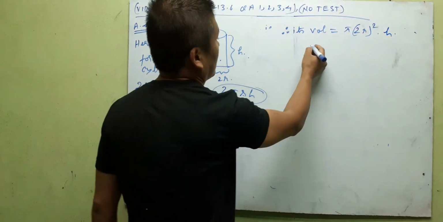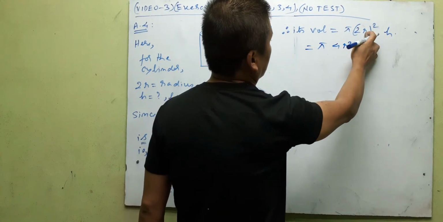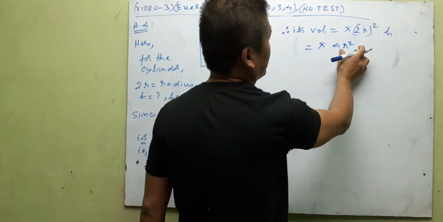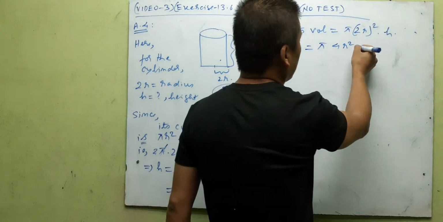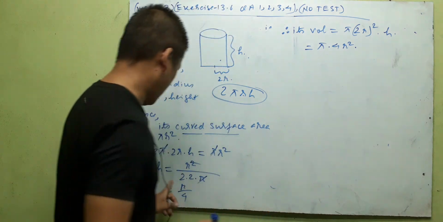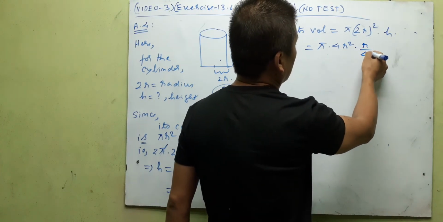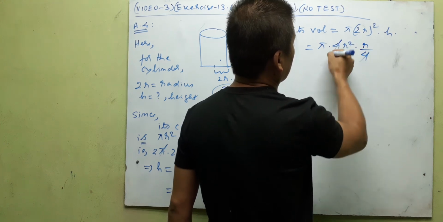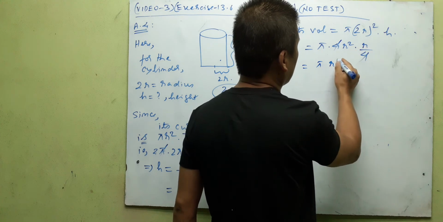Then we can write pi, (2r) whole square, 2 twos are 4, r to the power 2. The bracket there means the power 2 belongs to both of them, right? Into here h, just now we got r by 4, so we can put r by 4. This 4 and 4 can cancel, so we'll get pi r square into r, which is r cube.